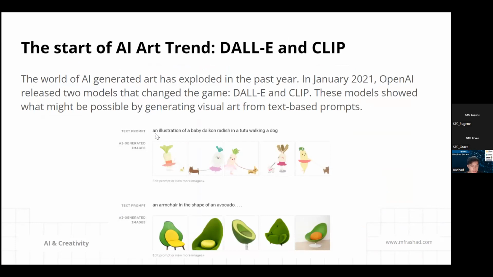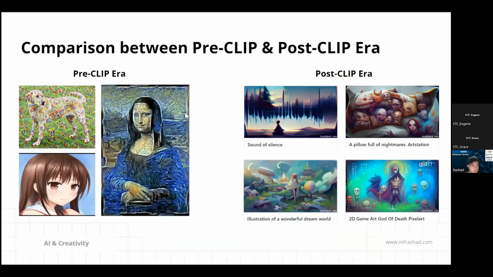By OpenAI. Basically with DALL-E, you can just give a text input like an illustration of a baby daikon radish walking a dog, which is a very complex scene actually, and it will generate an image following the text prompt. So you can see the difference between before DALL-E and CLIP and after is very big.